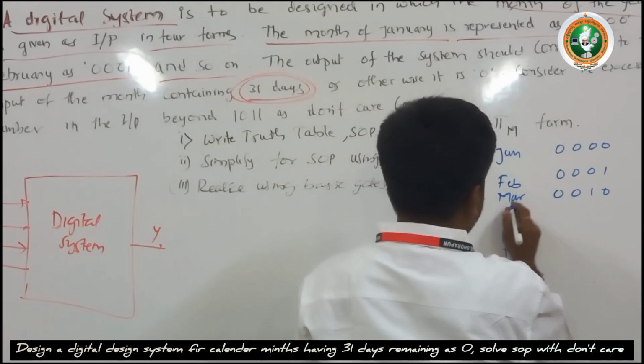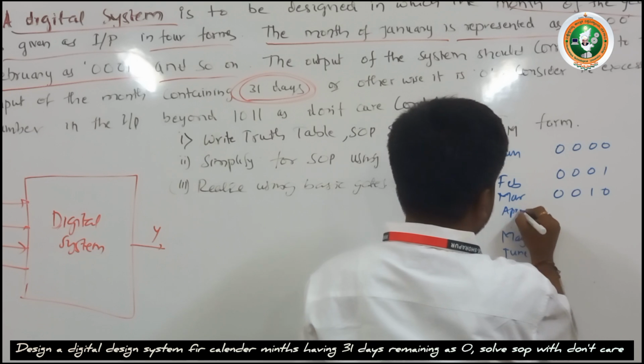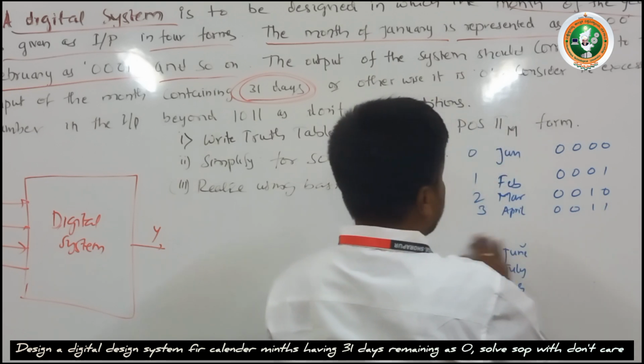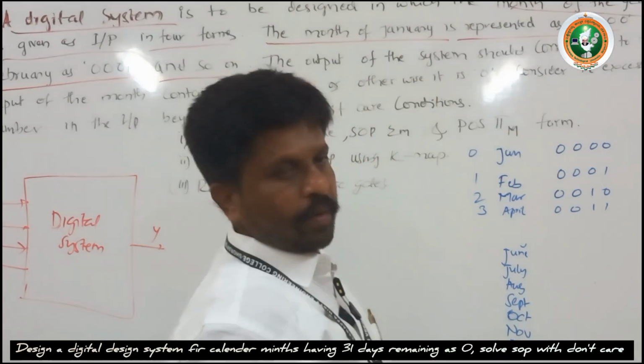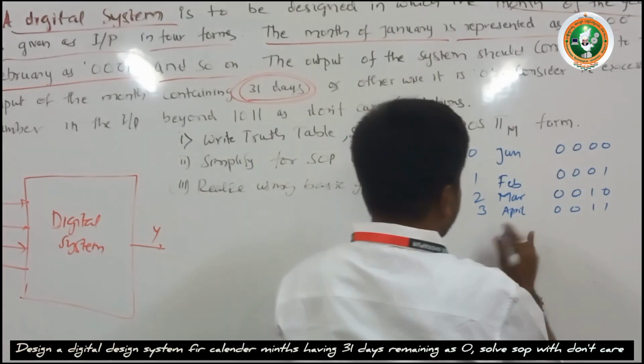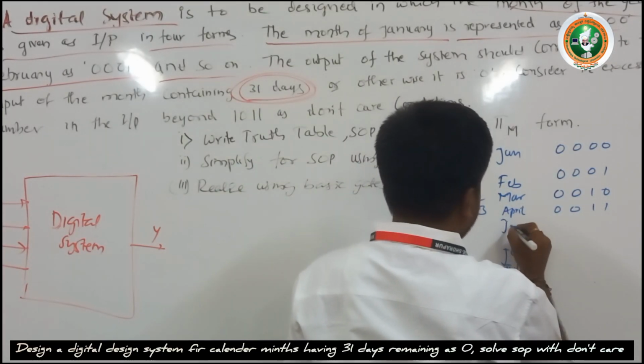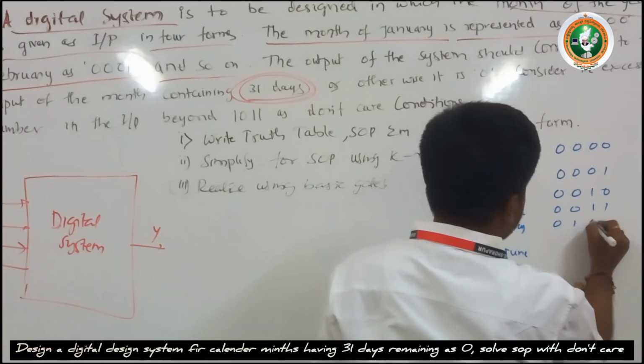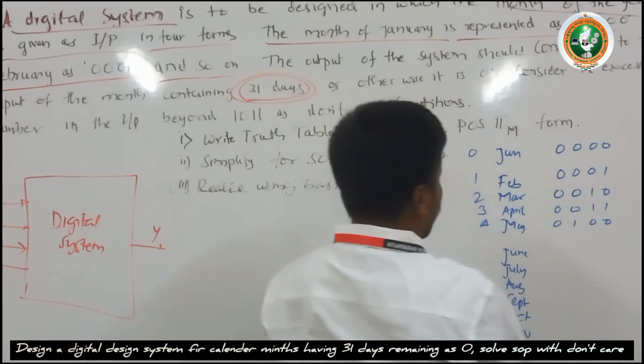For April, it is 0011, equivalent value 3. Yes or no? Similarly, May is 0100, whose equivalent value is 4.